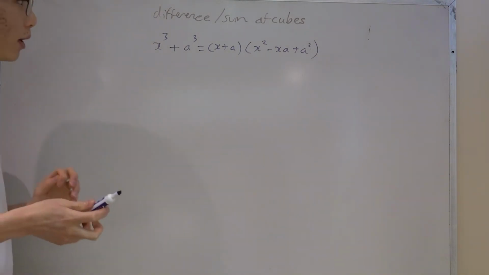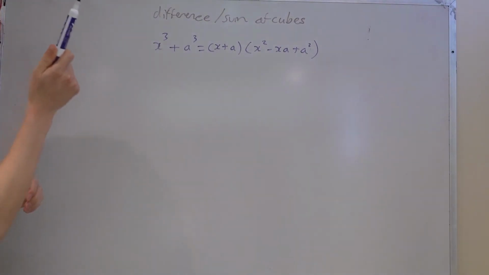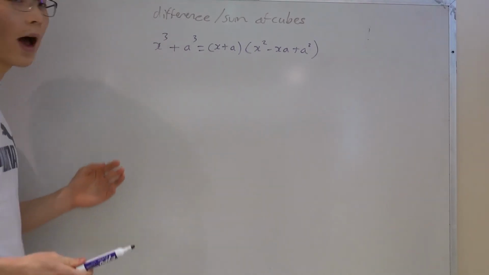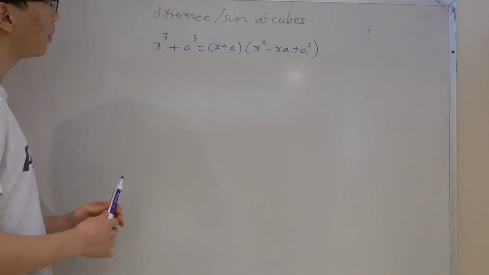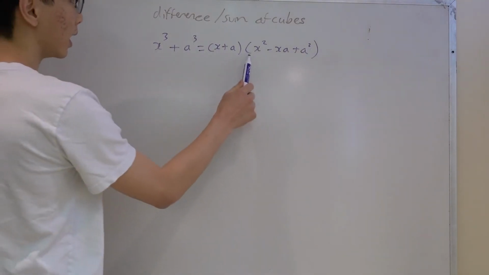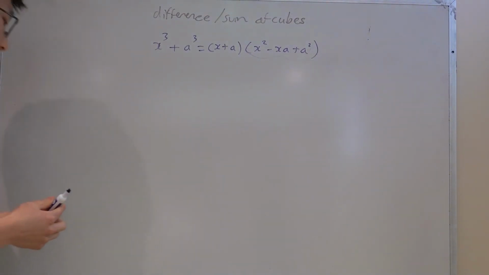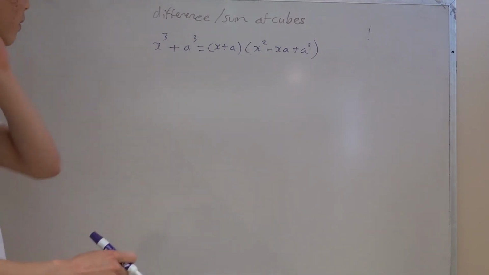But the thing I want to point out is that this formula is extremely useful, because it takes something that doesn't immediately look like you could factor it and factors it into something like this, right? And depending on what x and a are, if a is just a number, this thing might end up being a quadratic. Okay? So just be on the lookout for that. It's a very convenient form to have.